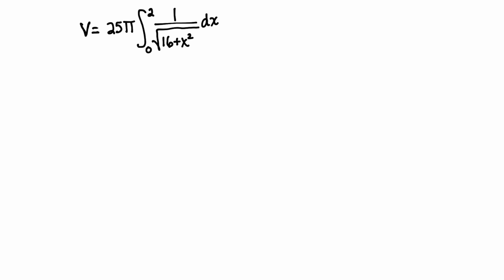So looking at our integral, we're going to make our trig substitution. And I said that x equals a tan theta. But our a value is just 4 because 4 squared is 16.